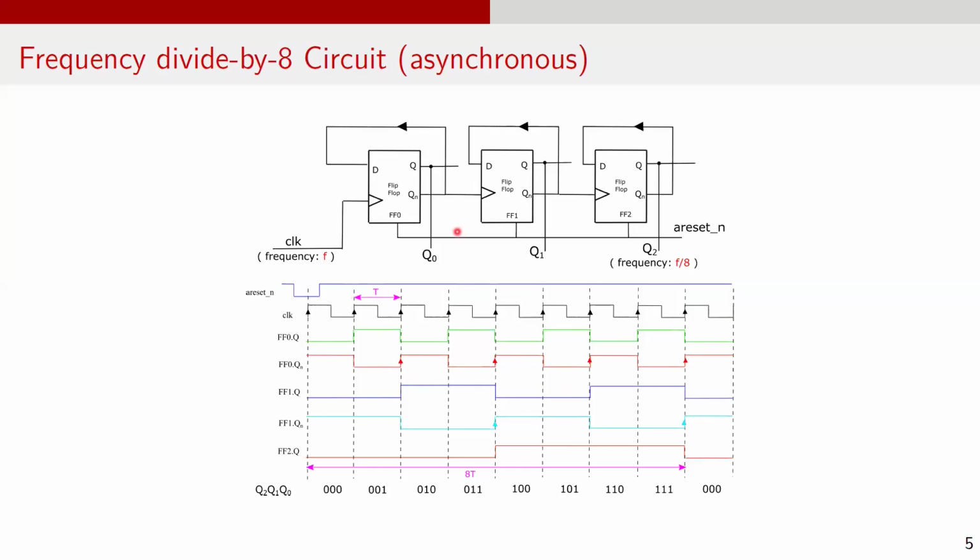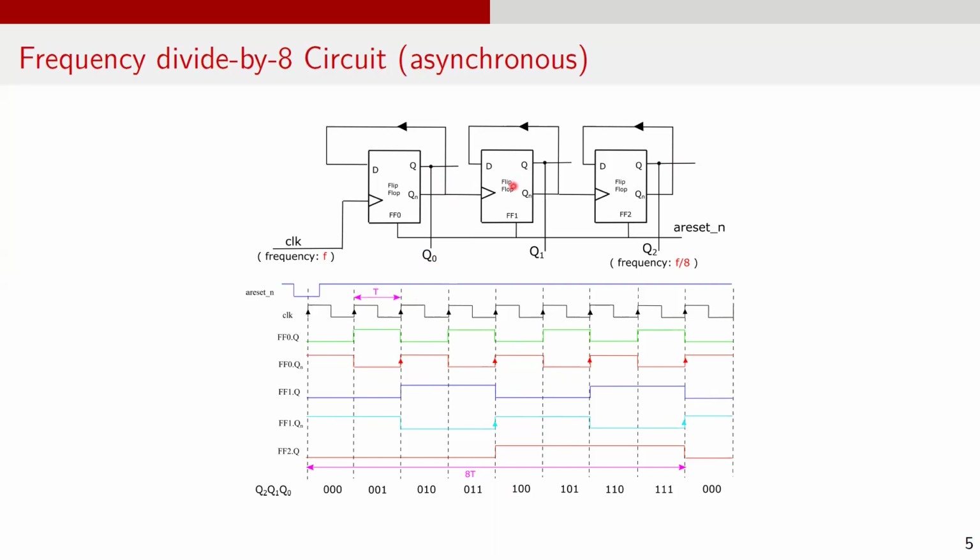To design it, start with a divide by 4 circuit using FF0 and FF1 and then add a third flip-flop FF2. In this circuit, drive the FF2 clock from FF1QN and connect FF2QN back to the FF2D input. During the operation, FF0 generates a signal at Q that is of frequency f over 2.